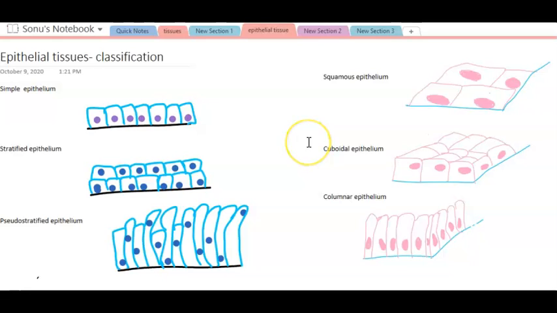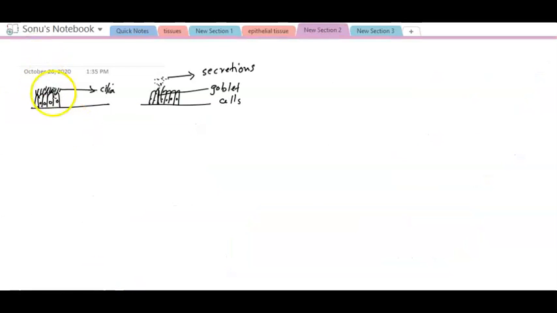Combining all these things, the surface epithelium is classified as simple squamous, simple cuboidal, or simple columnar. If it is stratified, it is stratified squamous, stratified cuboidal, stratified columnar, and we have one more classification, that is transitional. Especially columnar cells have microscopic cytoplasmic projections called cilia and microvilli.